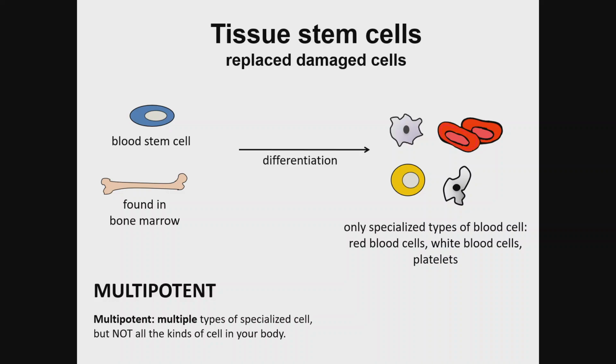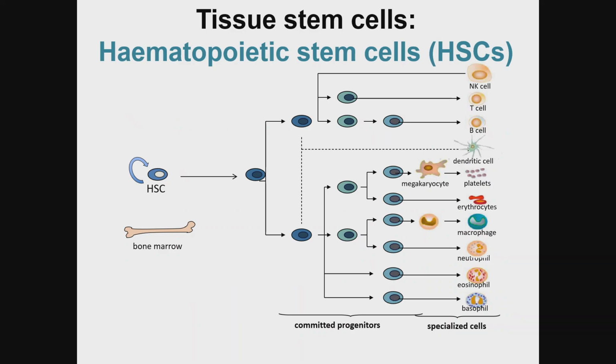They cannot become a neuron, but they can become any kind of cell that is in the blood. And these are the different lineages that we can have from the hematopoietic stem cells. So we have cells that produce antibodies and cells that transport oxygen and cells that recognize in a non-specific manner all the pathogens. So we have all of these cells.